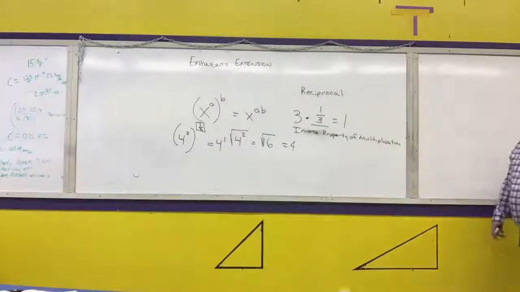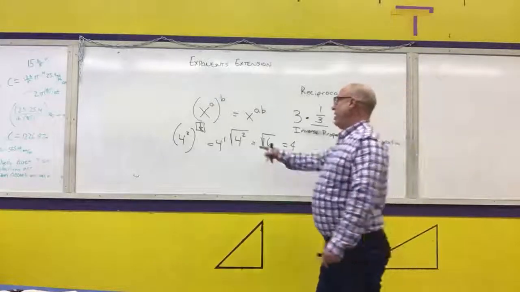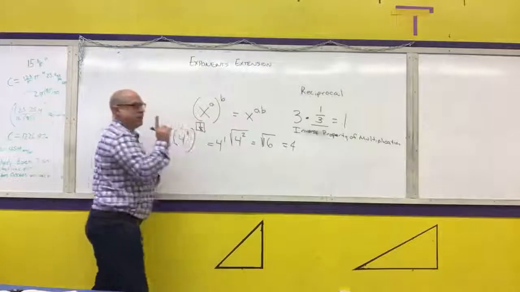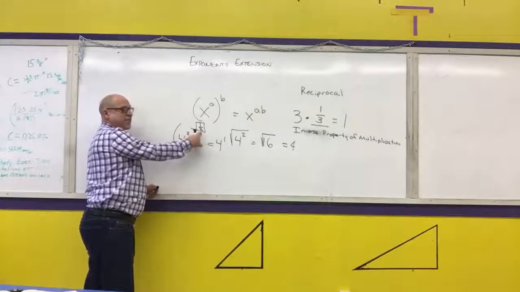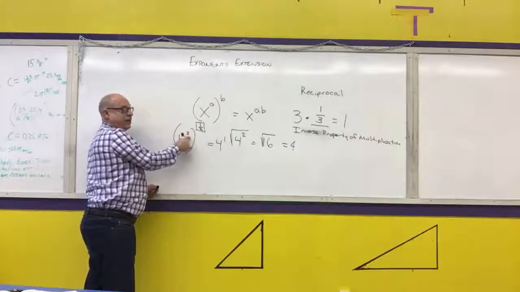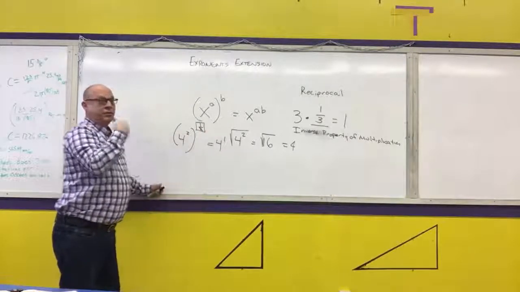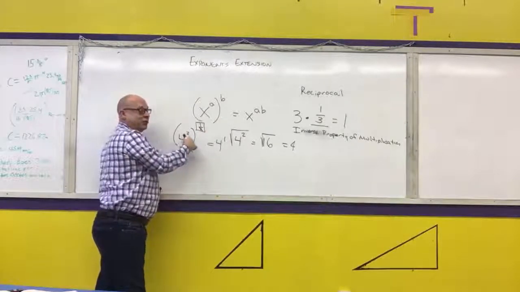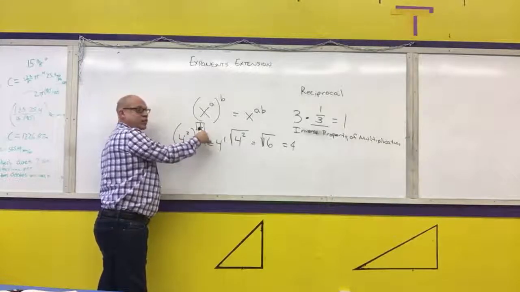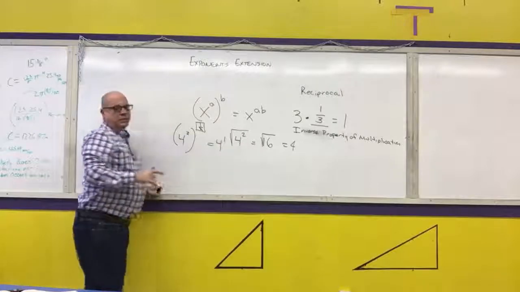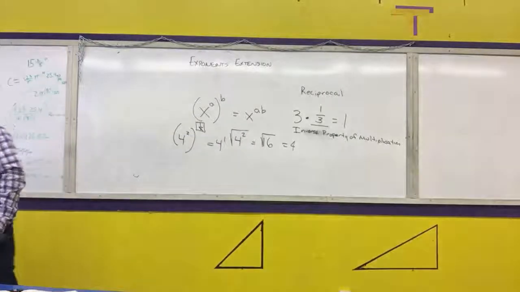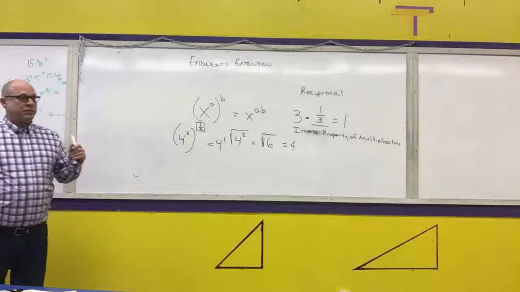So raising it to the 1/2 power is the square root, and it makes sense because 2 times 1/2 is 1. You guys are the ones that told me the way you undo something squared is take its square root. So they have to mean the same thing. So that's where we're going with this today, is fractional exponents.